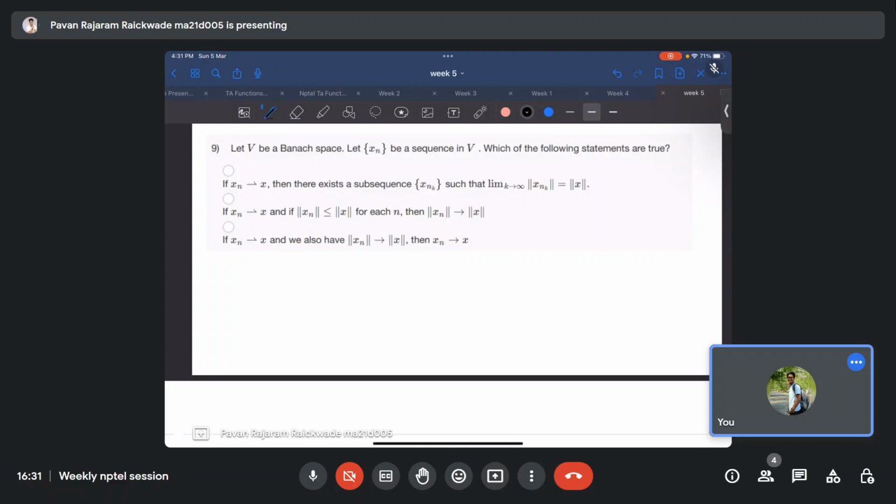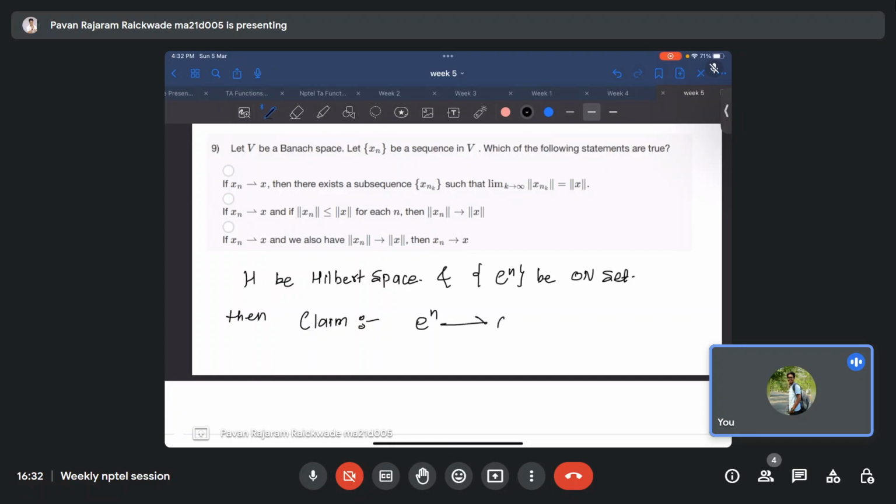You take H to be a Hilbert space, and say en is an orthonormal set. The claim is en converges to 0 weakly. So how does that follow?